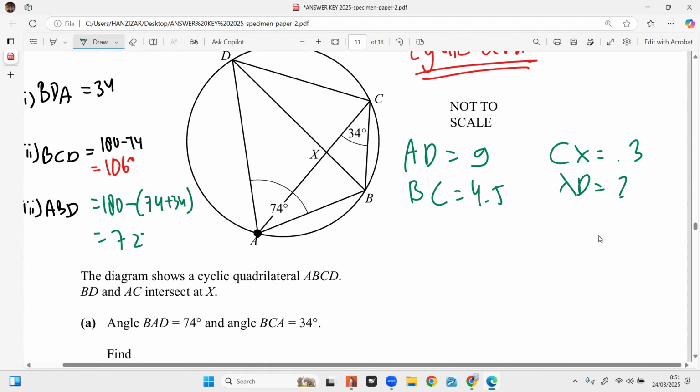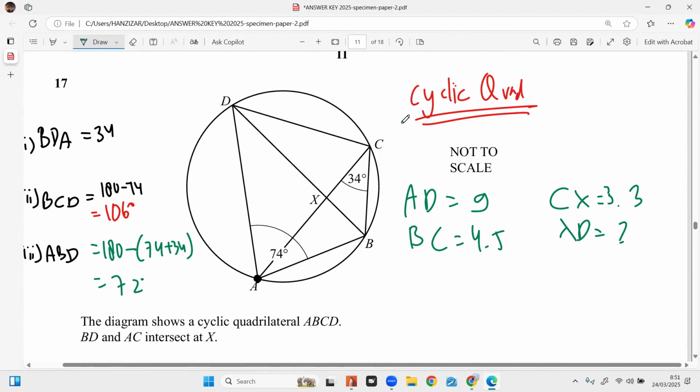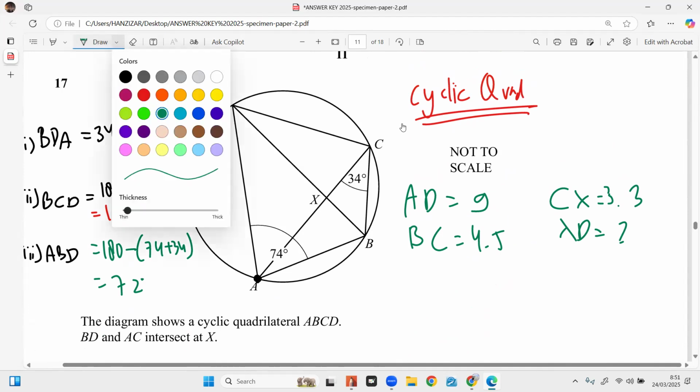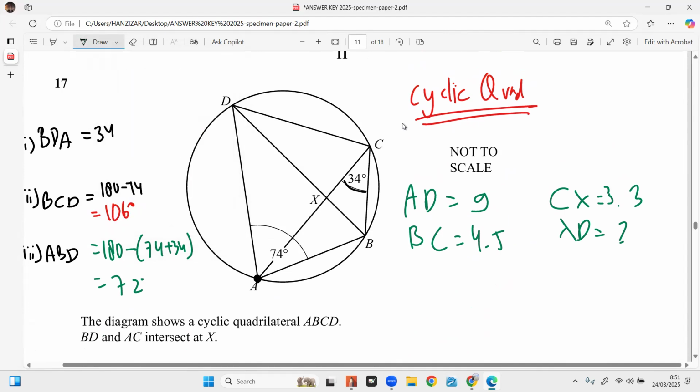Okay, guys, listen. In a similarity rule, similar means they are the same shape but different size. We have 34 here and 34 there, right? AD is 9, BC is 4.5. So we can see that the triangle is half or twice, depending on the perspective. If you look at the bigger one, the other is half as big.